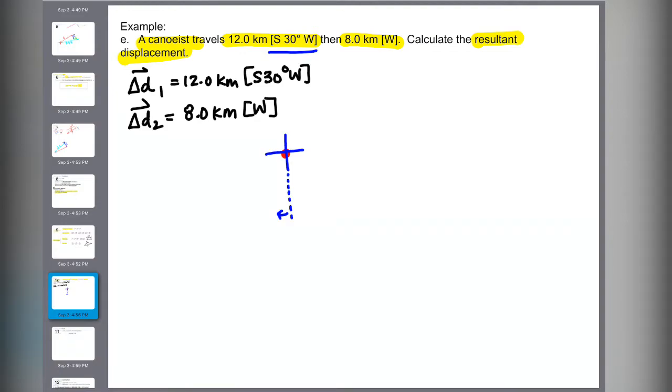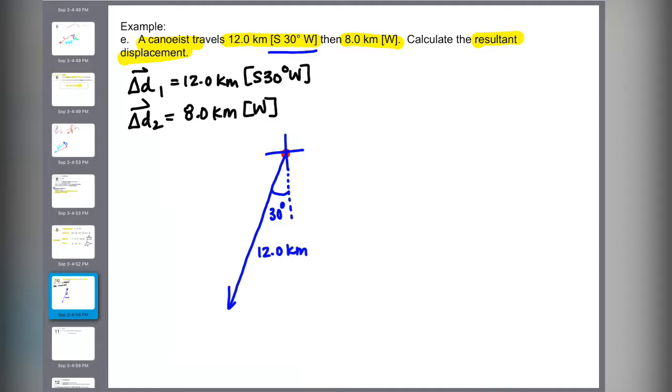So I'm going to draw a vector that is going south 30 degrees west. So this angle right here is 30, touching the south. So the 30 degrees is here, and the length for this vector is 12.0 kilometers.